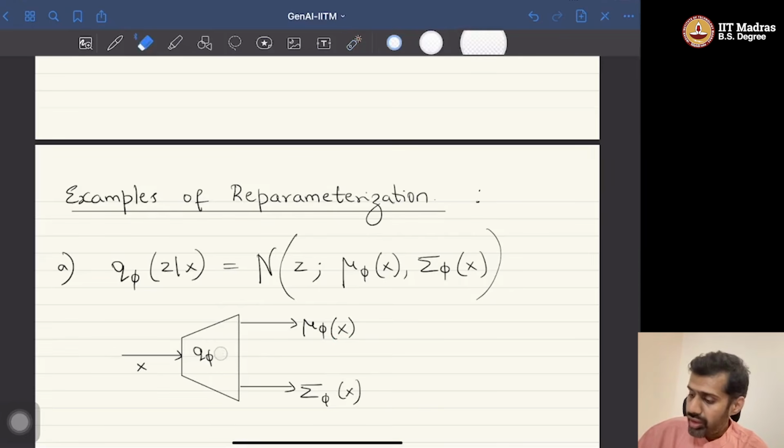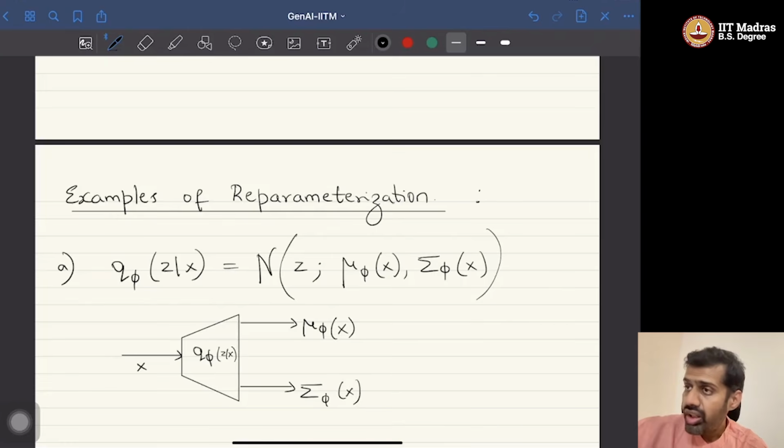Also note that we are only assuming that this distribution q phi of z given x is Gaussian, which means that we are not saying that this is a particular Gaussian. We are simply saying that it is a Gaussian distribution whose mean and variance are being obtained from the output of the encoder network. So what are these mu and sigma?